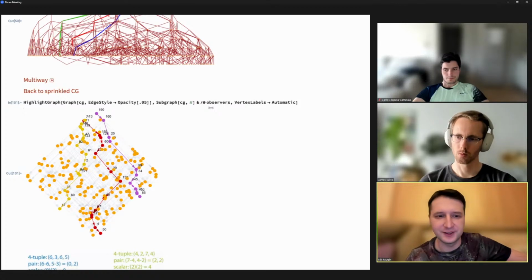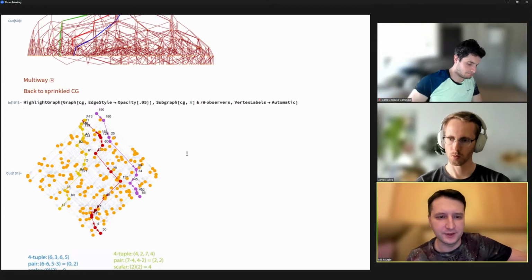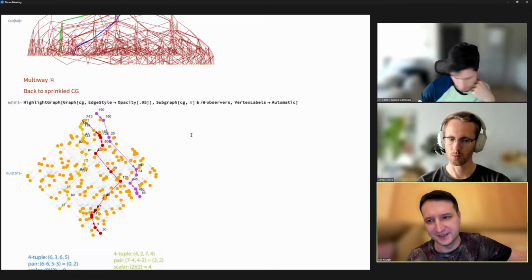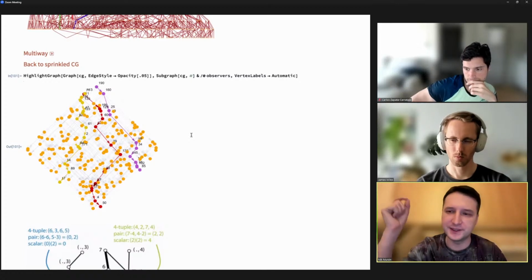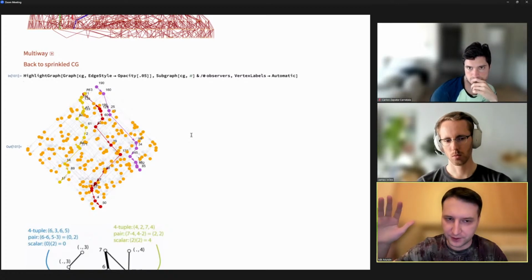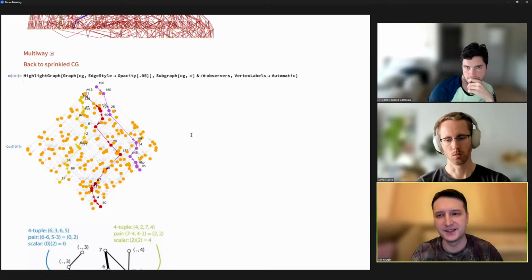The causal graph was already two-dimensional, one plus one, so one space and one time. It was enough to just have two pairs of observers in order to assign a single space-time coordinate. So you can lay all the events on this flat screen, and you know a priori that it's two-dimensional.